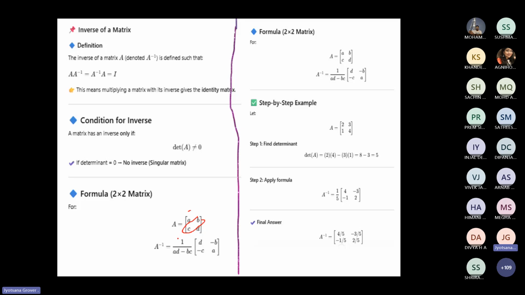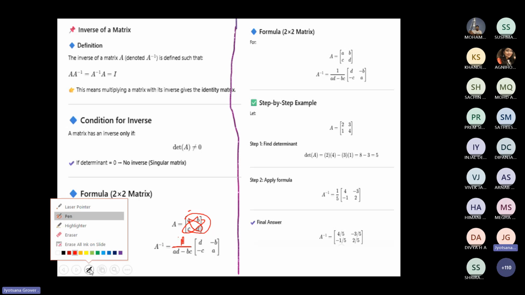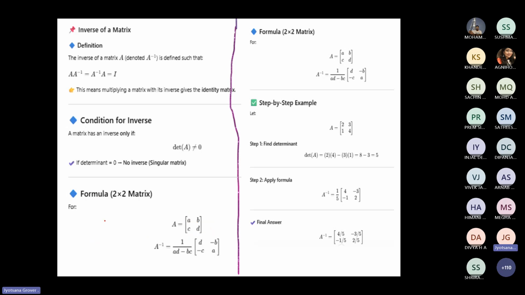Then you divide by the determinant of A, which is A into D minus B into C. So this is the inverse. It's very easy for a 2 cross 2 matrix. Let me take one example. So this is a matrix A. At first you have to calculate the determinant, because the determinant is very much required here.